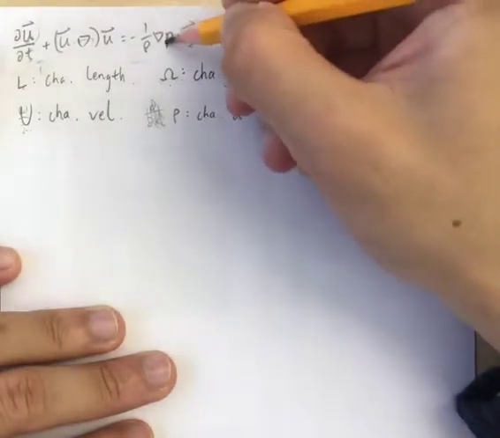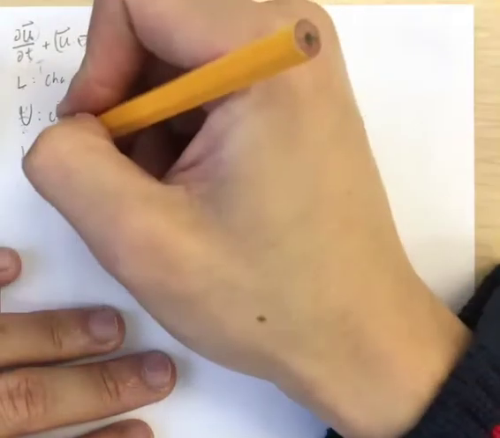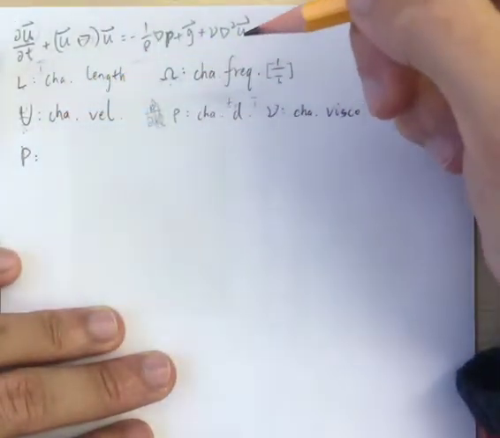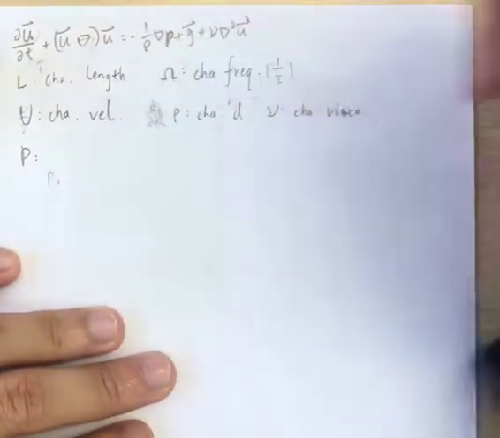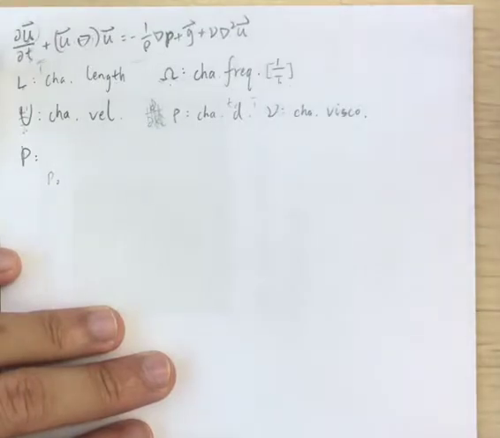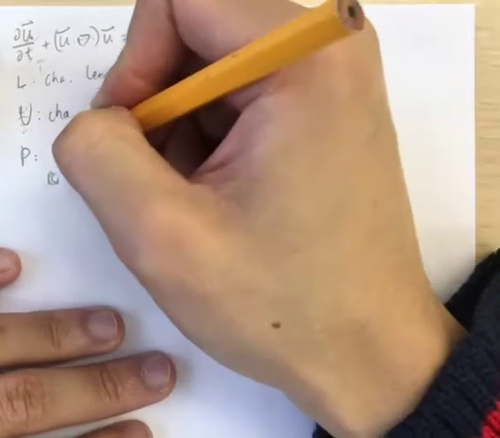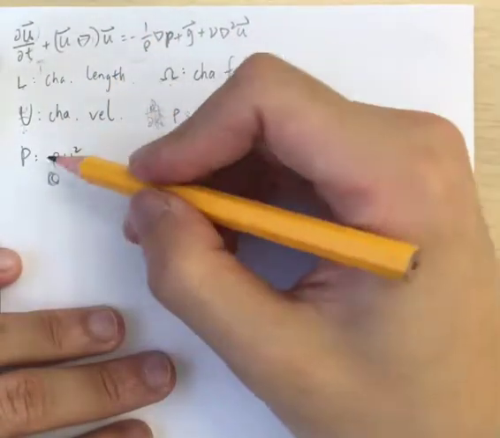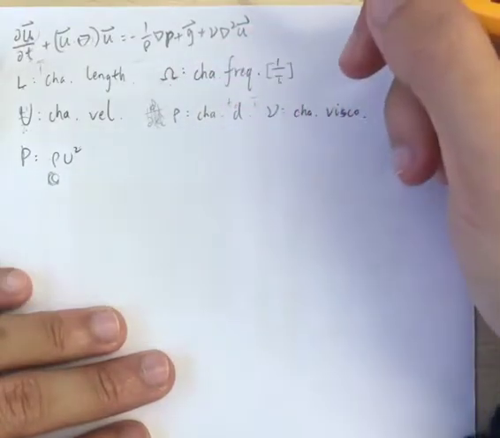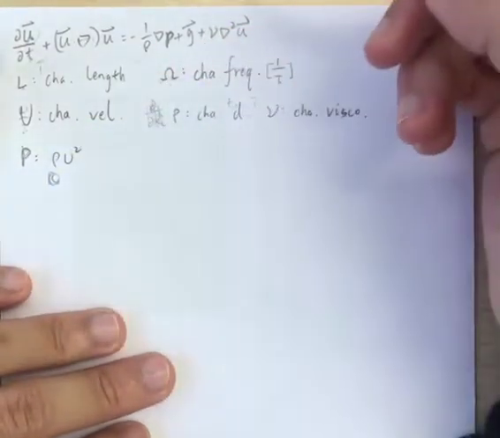What about the pressure here? The pressure, maybe we could have defined a P naught to be the characteristic pressure of the system, but here we don't do that. We offer another way, which is rho U squared. I claim that by using rho U squared, I can neutralize the dimension of pressure.